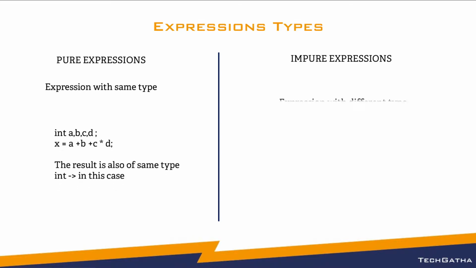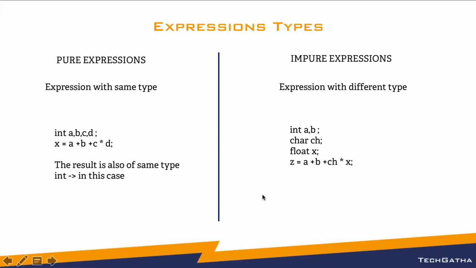When you consider an impure expression, that is an expression with different data types, for example we have two variables of type int, one variable of type char, and another variable of type float. If an expression comprises these variables a, b, c, h and x of different types, the result stored in z is of the higher type.